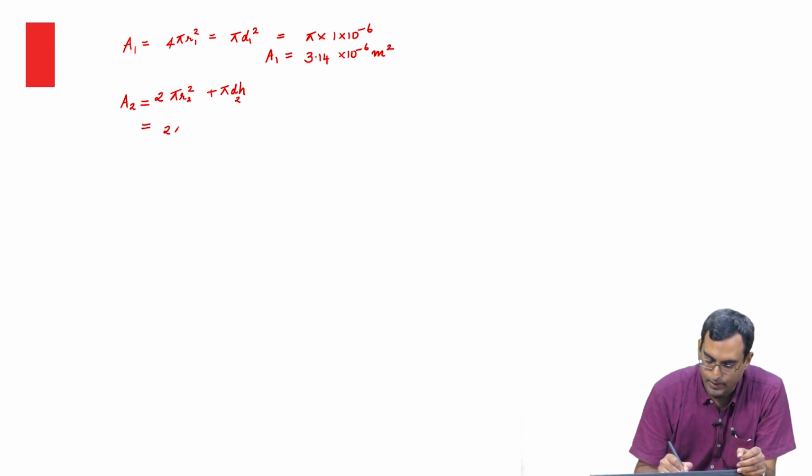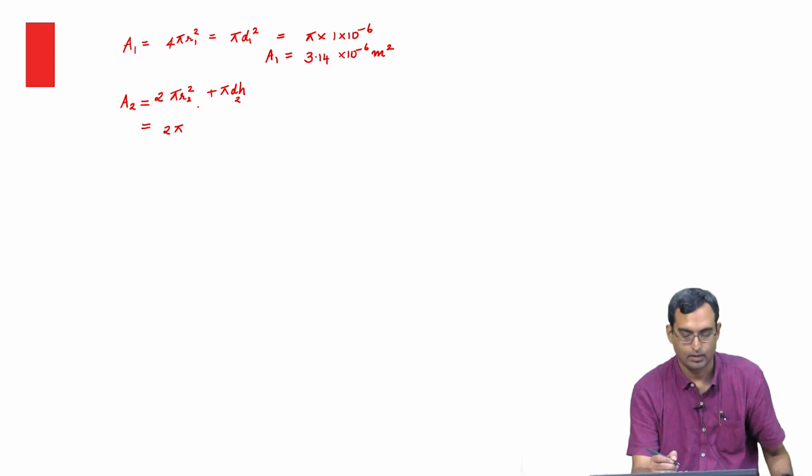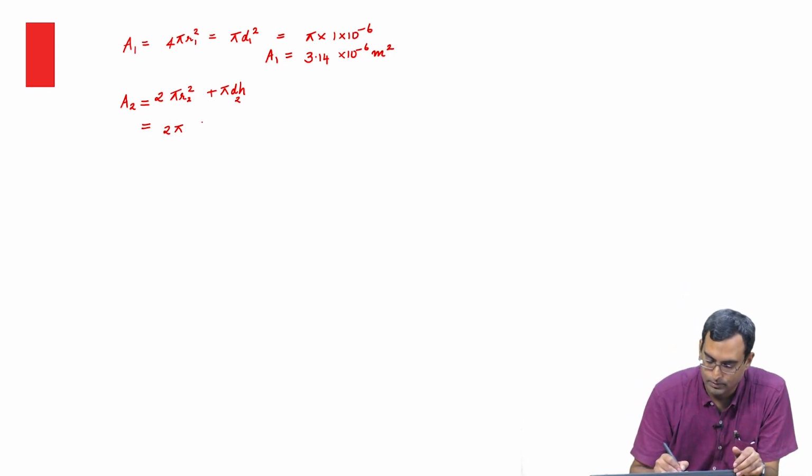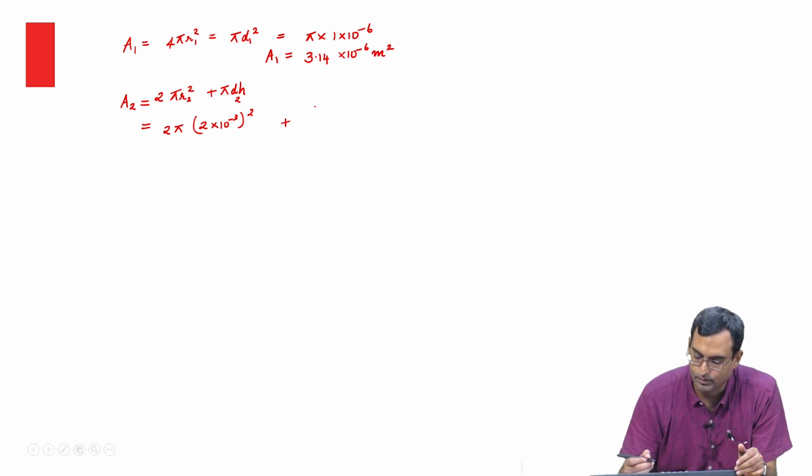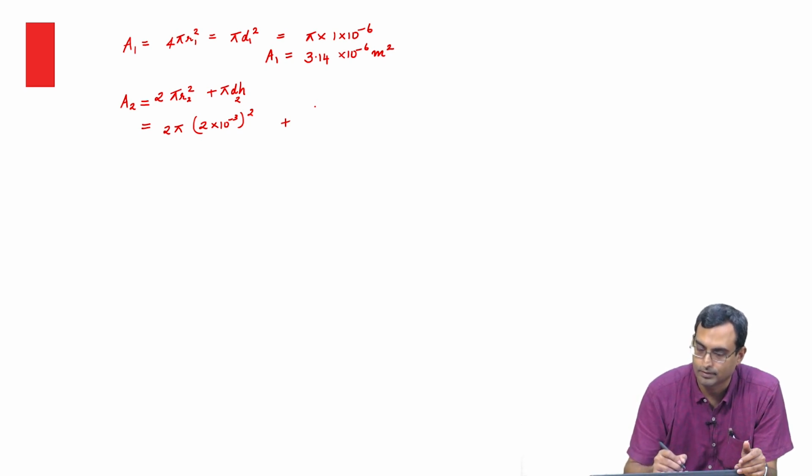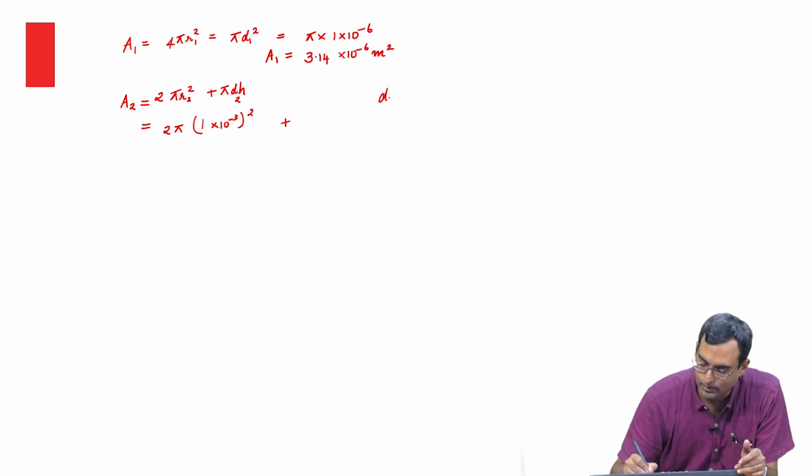So, this is 2 into pi into R2. Sorry, the value of D2 is 2 mm, so R2 is 2 by 2, which is 1 mm.